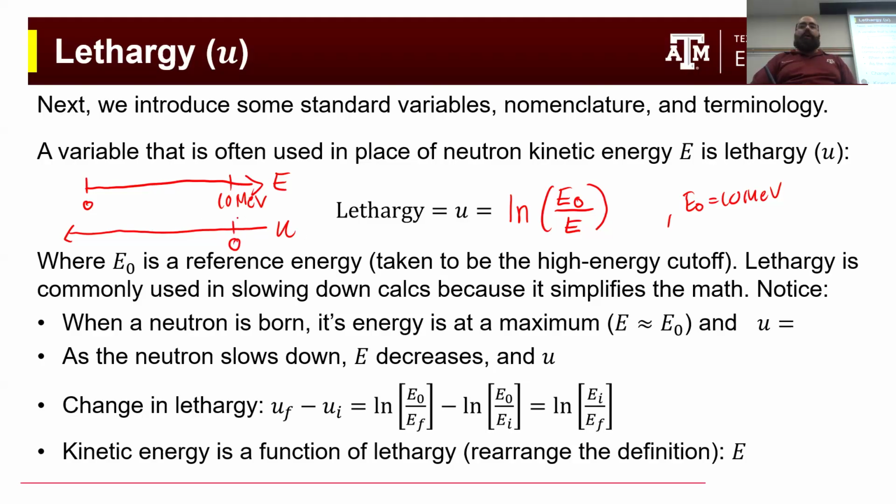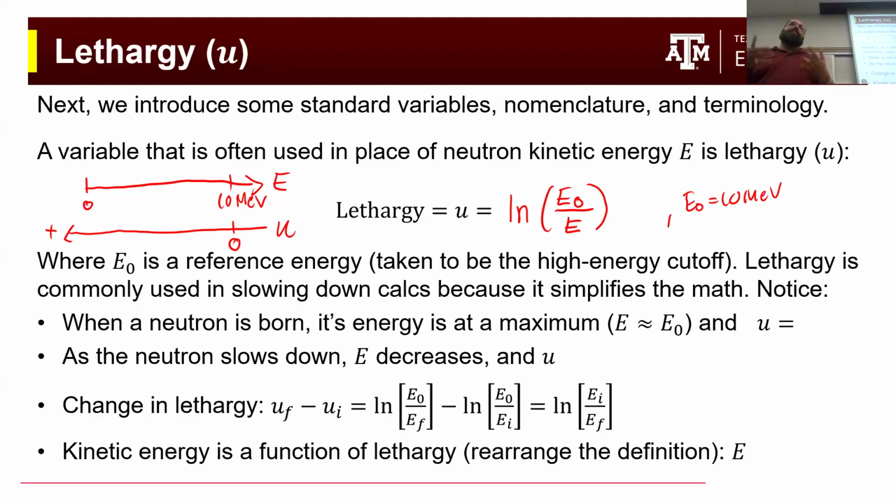So neutrons have 0 lethargy at the energy where they're born, which would be the E0. And as the energy E decreases, the ln of this quantity would increase. So lethargy moves in the opposite direction of energy, and as the neutron energy decreases, the lethargy increases.